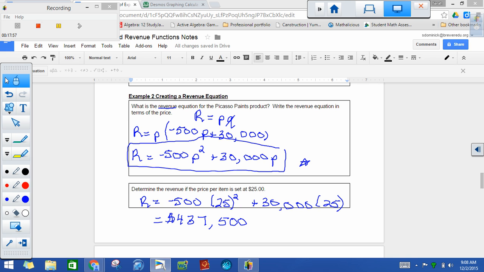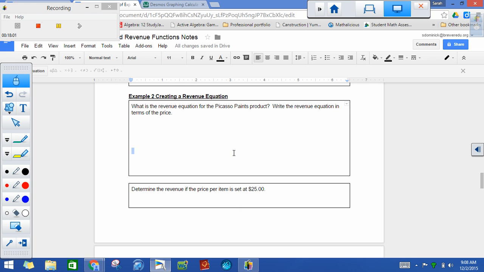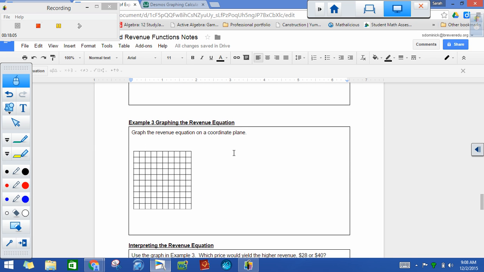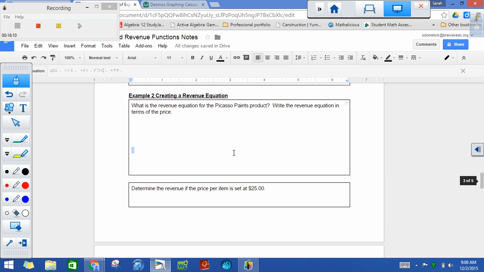Alright, so your next one, graphing the revenue function. If they want you to graph that revenue equation that you have above in terms of the price, you already have it. So all you have to do here is put it into Desmos. I'm going to copy what we had above.